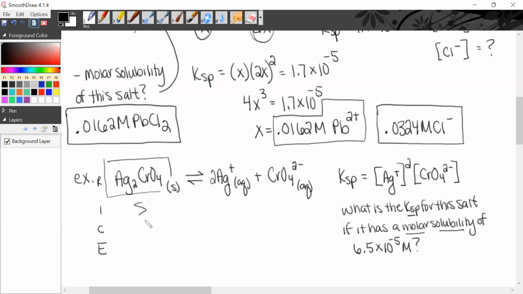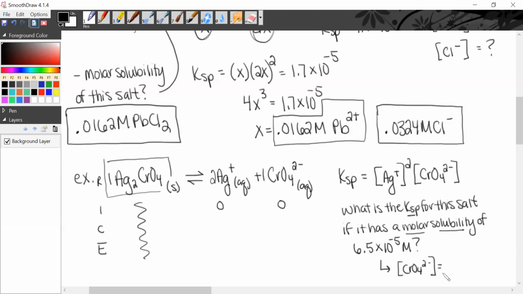RICE, remember, we're not going to include this, is I look for the ion that it has like a 1-to-1 proportion with, right? This is just stoich here. For every one of these, I get 1 chromate at equilibrium. So I'm going to start off with none of this and none of this. But if this is the solubility of the salt as a whole, this is also going to be equal to the concentration of the chromate, because it's a 1-to-1 mole ratio with it.